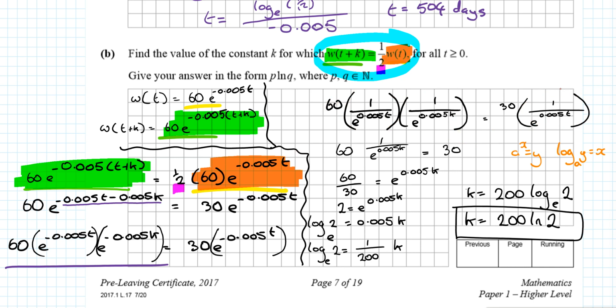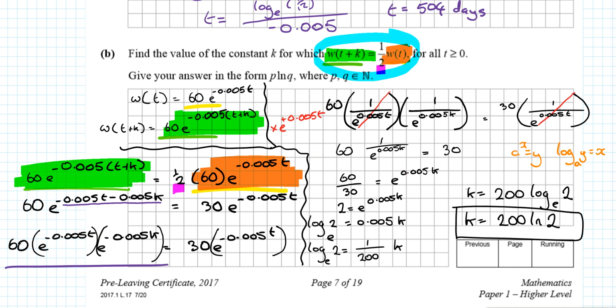I've multiplied both sides by the bottom line. I've multiplied by e to the, well, it's a plus now, 0.005t, which would get rid of this fraction on the left and that fraction on the right. So all we're left with is this. Only one unknown. Fantastic.